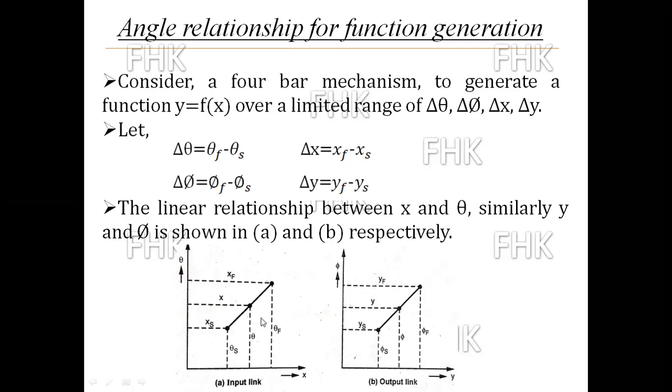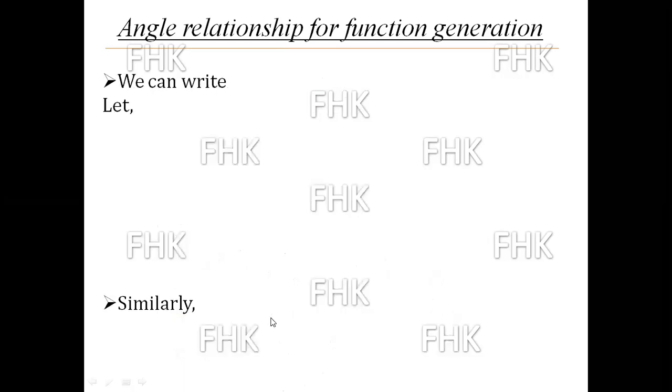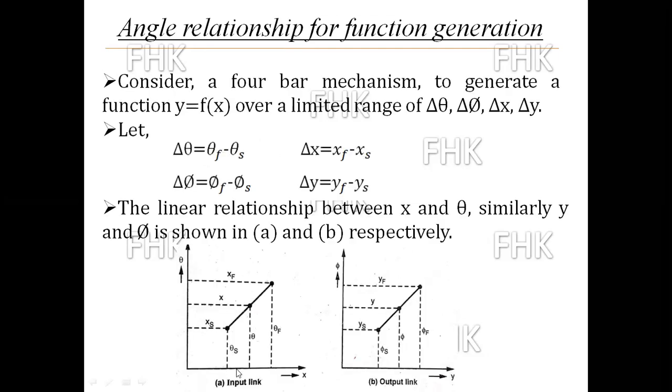So from this graph I can conclude that delta theta divided by delta x. This will become delta x and this will become delta theta. That is zero position to x final minus zero to x starting.